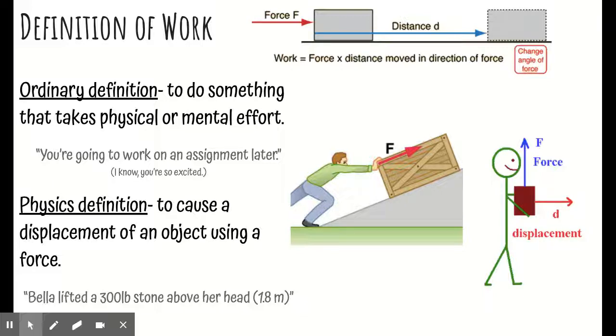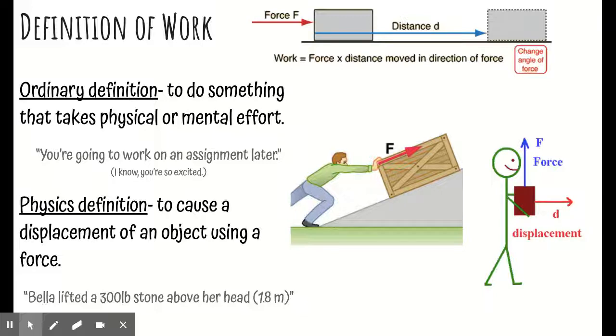Some other examples here, if you look at these diagrams on the right-hand side. If we start at the top, we have this box being moved over a distance. That is a very plain example. You can also have examples like this man pushing the box up a hill, or up an incline, where forces can be applied at different angles, and we will go through some examples of that.